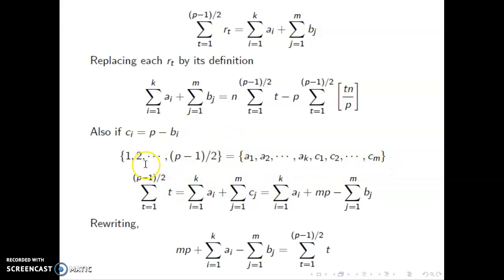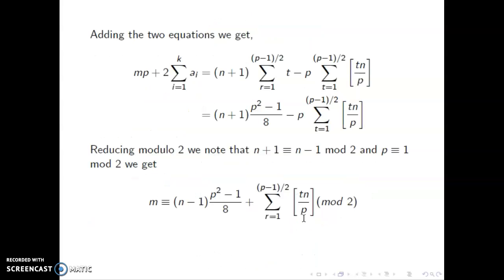Now, if I make use of that, I know that the summation over t equal to 1 to (p-1)/2 of t is equal to the sum of a_i plus c_j, and that I can write as the summation of a_i plus mp minus the summation over j equal to 1 to m of b_j. Now when I rewrite that, mp plus the summation of a_i minus the summation of b_j is equal to the summation of t.